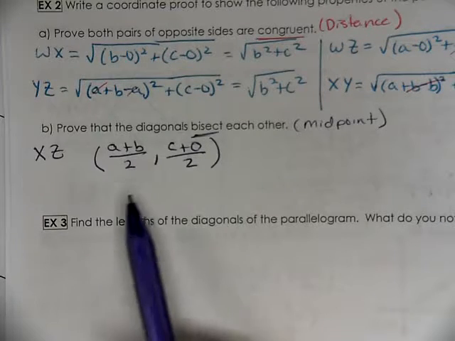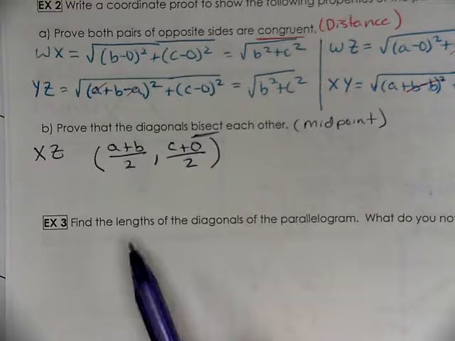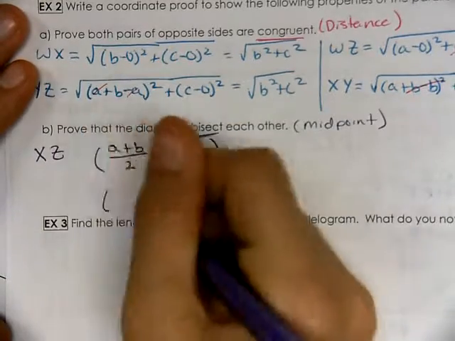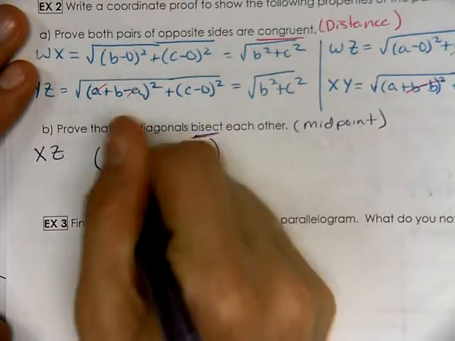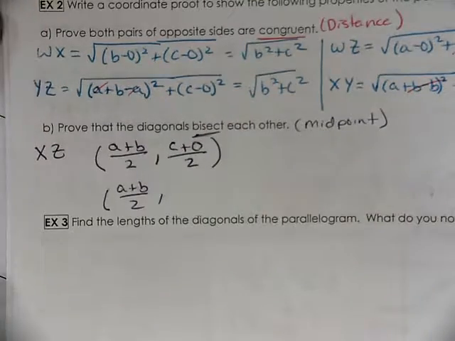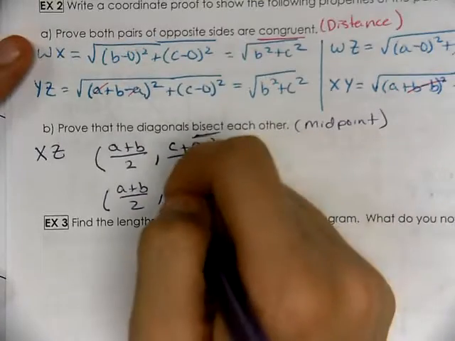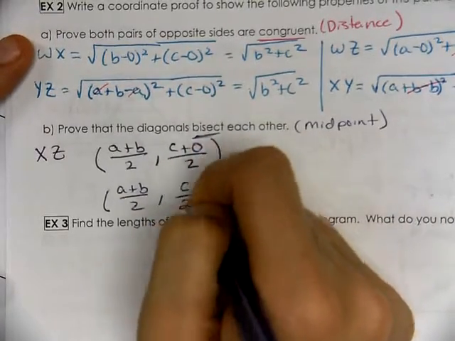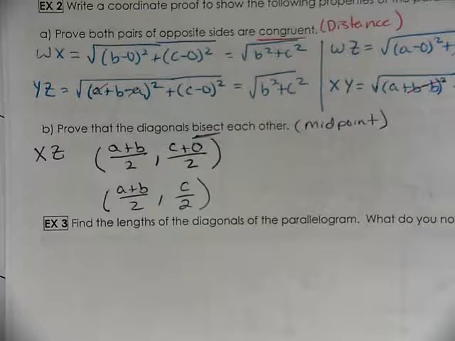Now it looks weird because you can't really add A and B together, right? So I'm just going to leave this A plus B divided by 2. And this just becomes C divided by 2.